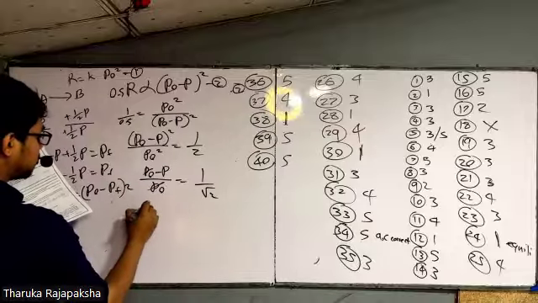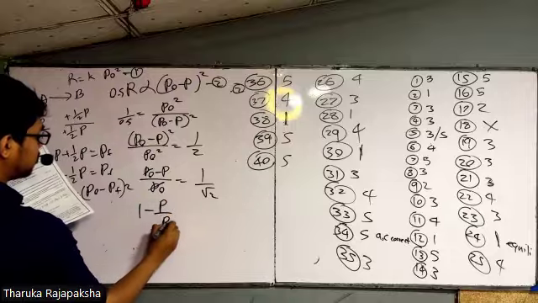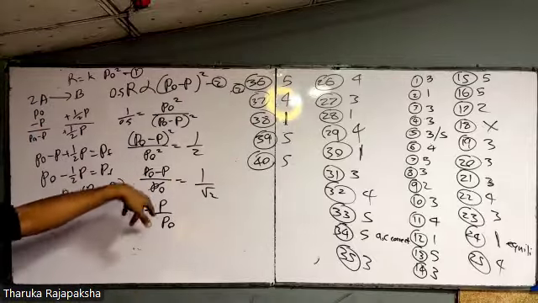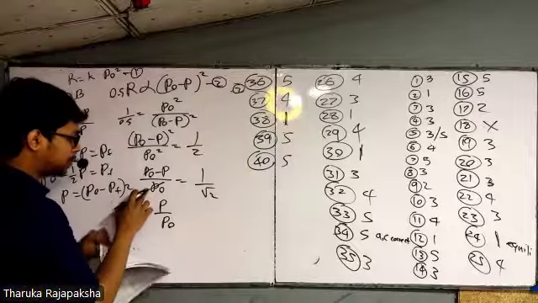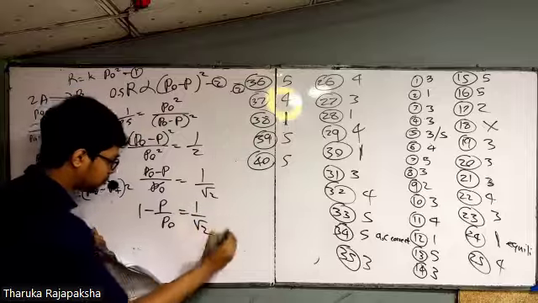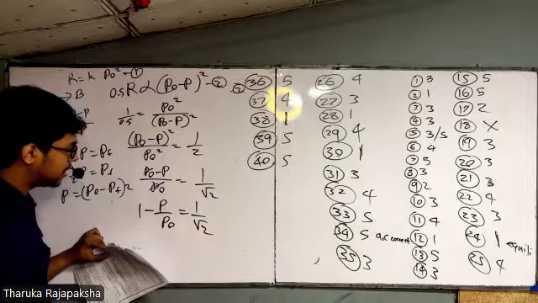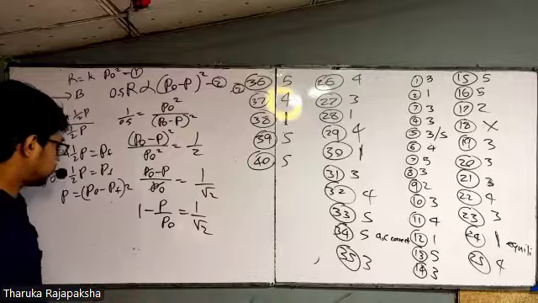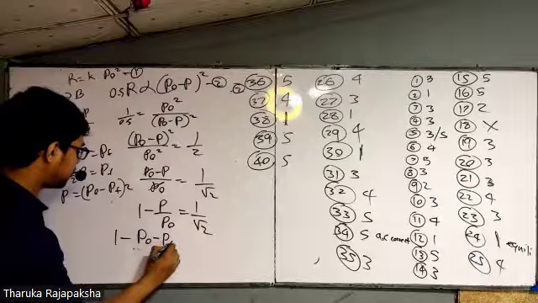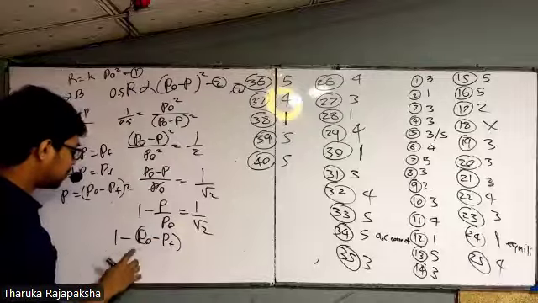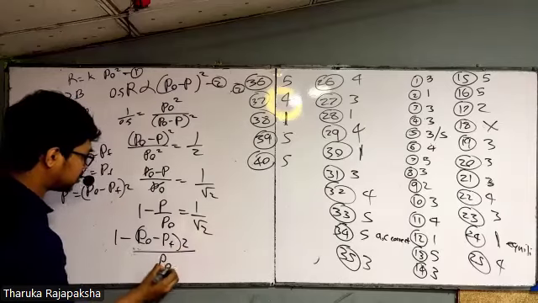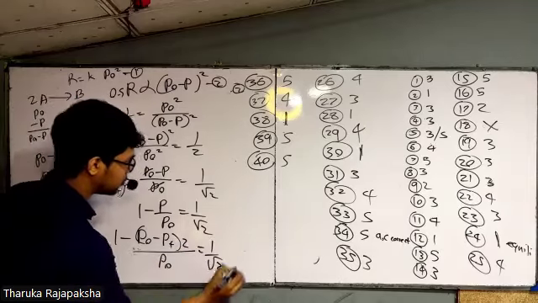So 1 minus P over P naught. Then instead of P we can put this: 1 minus P naught minus PF into 2 divided by P naught is equal to 1 over root 2.